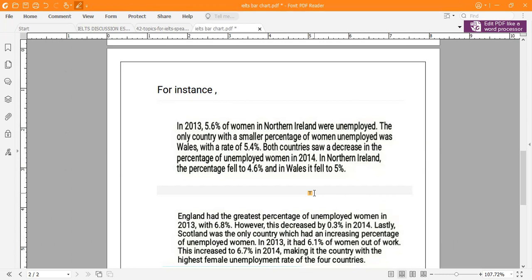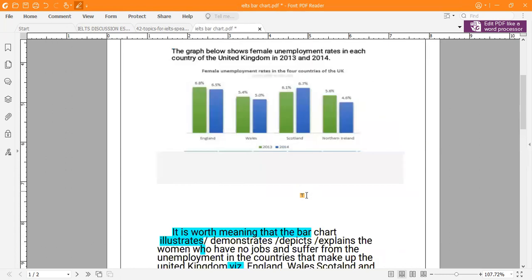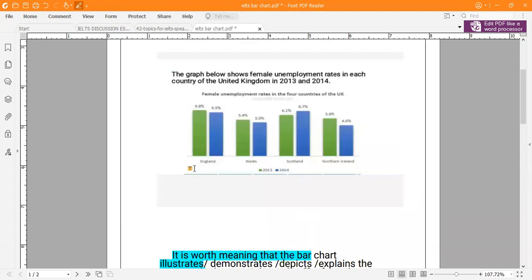or fell to 5. اوكي اذا هنا عندنا مقارنة ما بين دولتين. In other words we can say for example here Wales witnessed 5.4 in 2013 in the number of female unemployment.